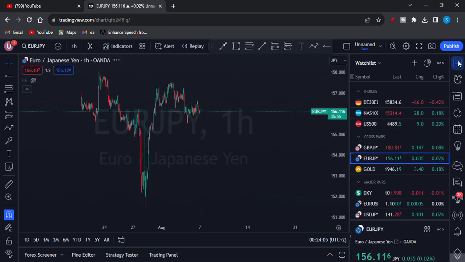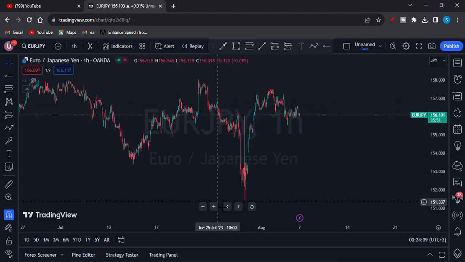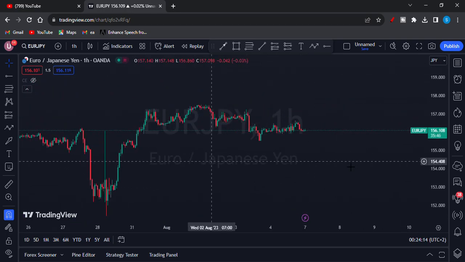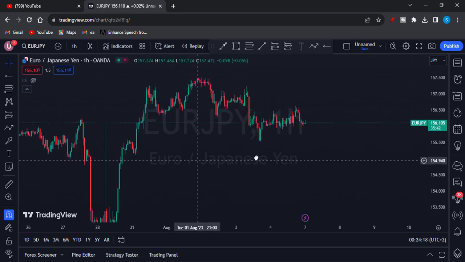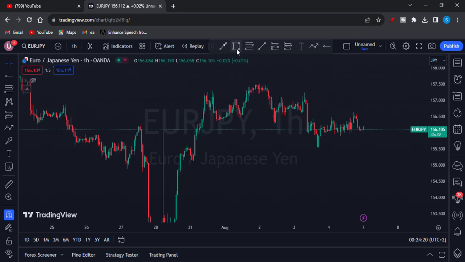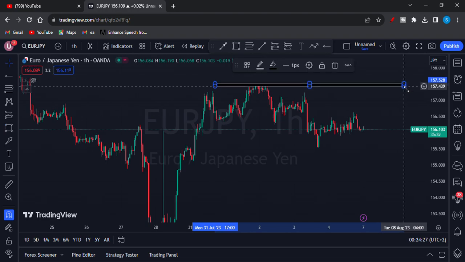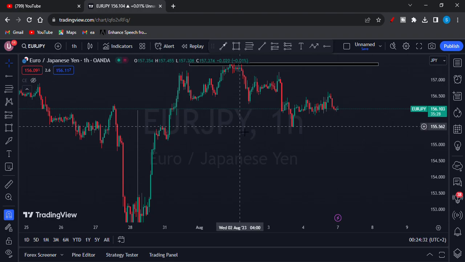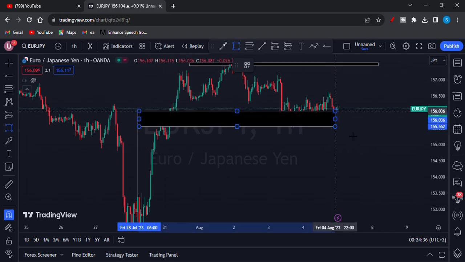The trend for EURJPY and GBPJPY are the same. They are on an uptrend on a weekly. And let's analyze. So we have this zone right here, and with this zone right here.